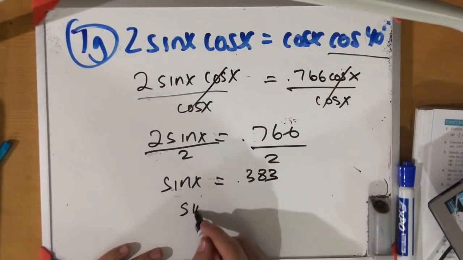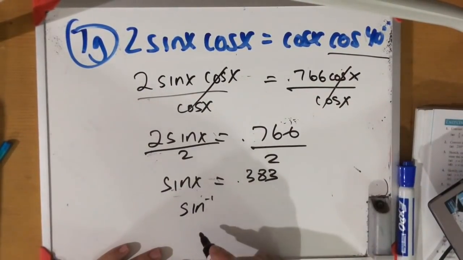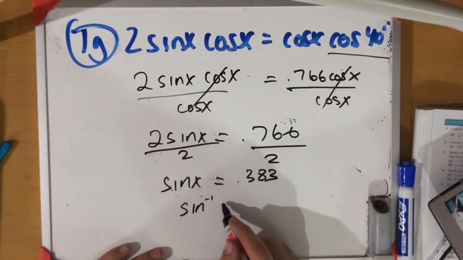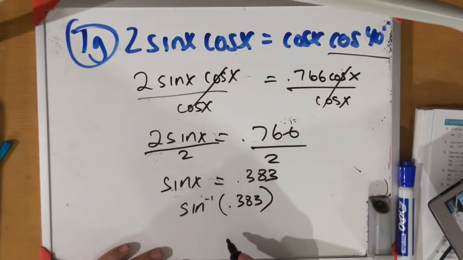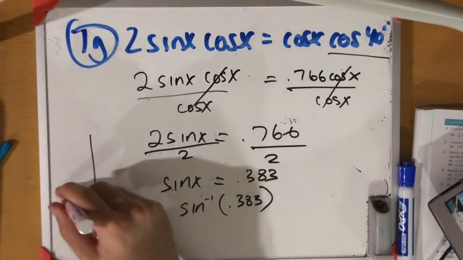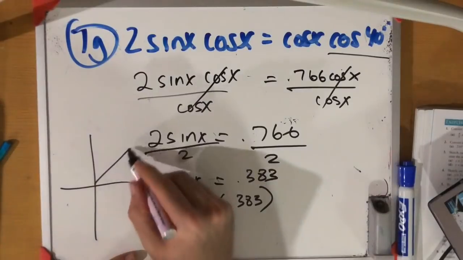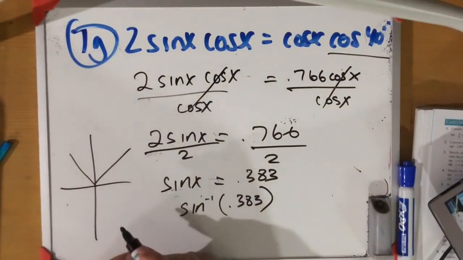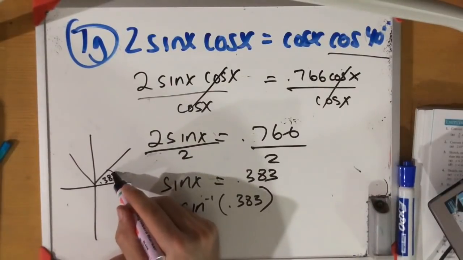Okay, so again, to find the base angle according to this ratio, do arc sine of 0.383. Then ask yourself, well, where is sine positive? Sine is positive here, and sine is positive here. We have base angles of 0.383.